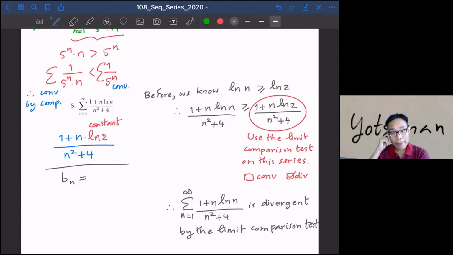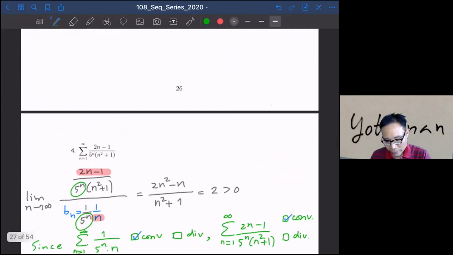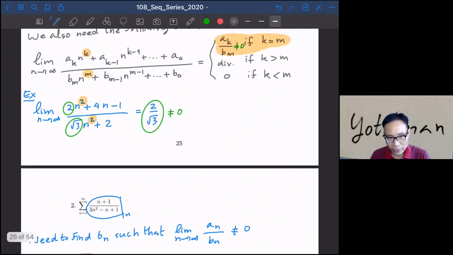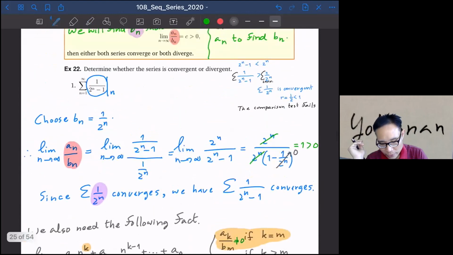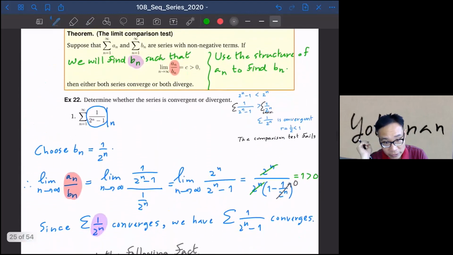So that's going to be all that I have. There are two techniques in this video: the comparison test and the limit comparison test.